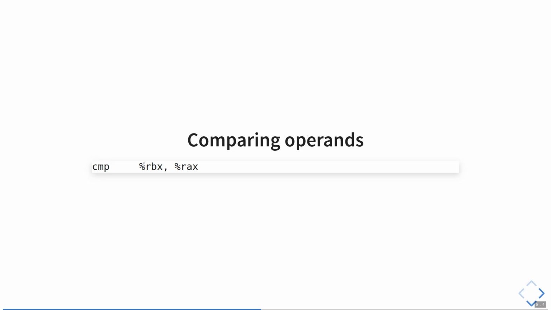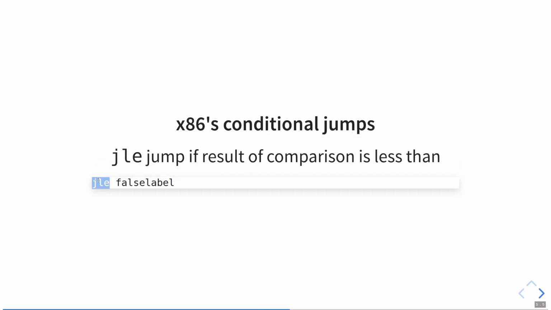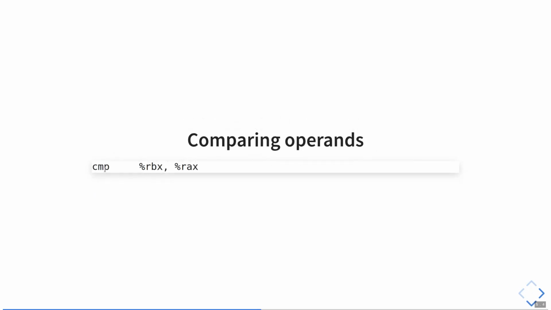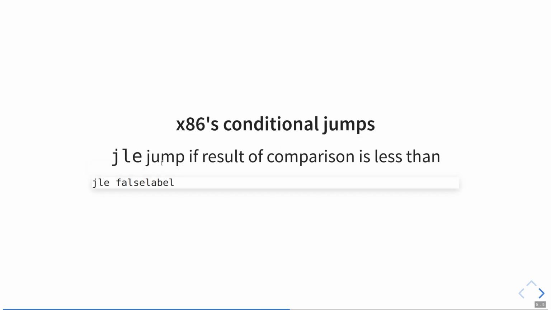And then with those flags, we can perform different kinds of branching instructions to read those flags' values and jump appropriately according to whatever the comparison instruction returned. So here we're comparing RBX to RAX, and then based on the result, if we found that RAX was less than or equal to RBX, we would jump to the false label in this case.